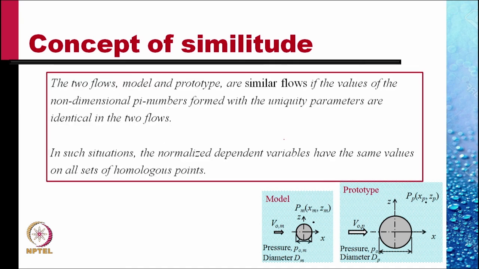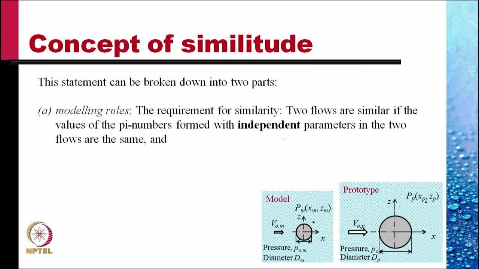The two flows, model and prototype, are similar flows if the values of the non-dimensional pi numbers formed with the independent parameters are identical in the two flows. In such a situation, the normalized dependent variables have the same values at all sets of homologous points. This statement can be broken down into two parts. Part 1, as I said before, is the modeling rules.